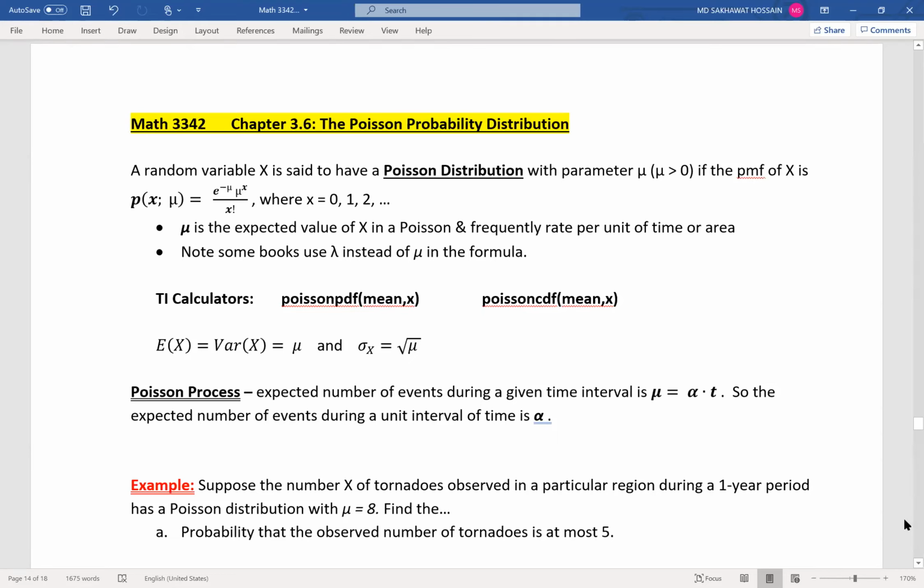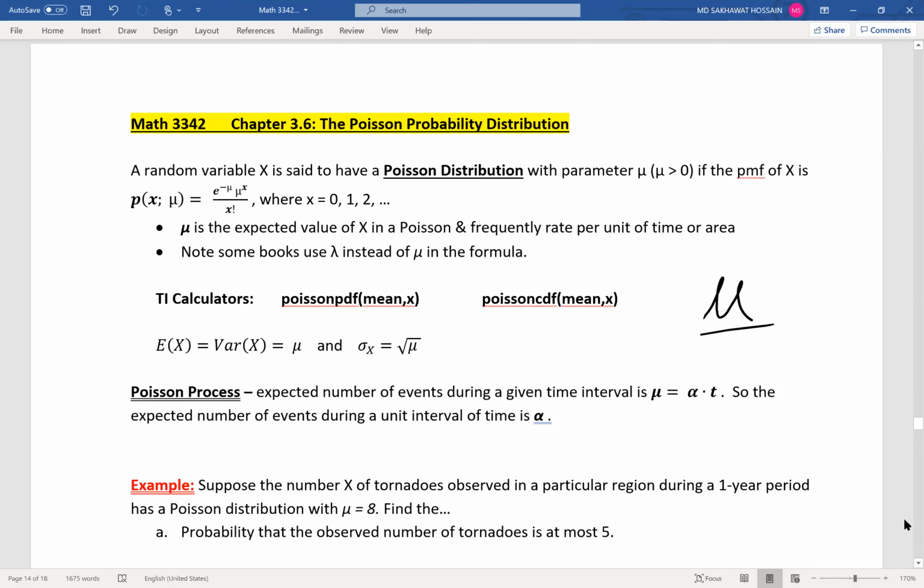So for Poisson distribution, you need one parameter which is called mu, the mean, the expected number or expected value. Okay, so what is the x? For example, I gave you an example about cars passing the traffic signal at a given time.